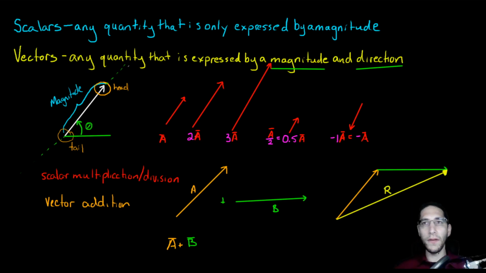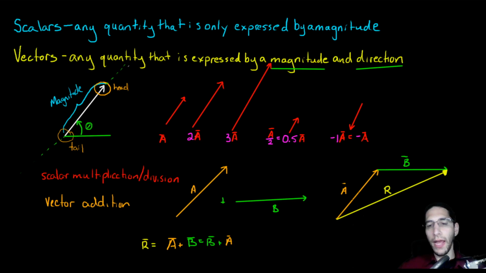And what I can do, so if this is A and this is B, I can prove that this is going to be equal to B plus A, and that they're both going to be equal to my resultant. How do I do this?